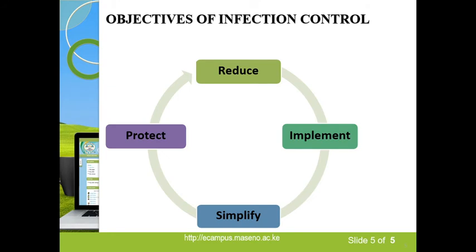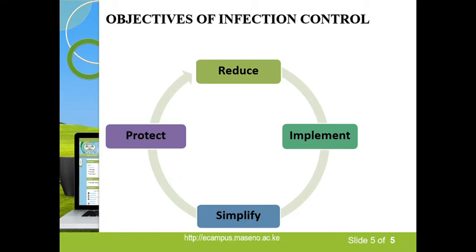Now, we have various objectives why infection control is important. One is to reduce the microorganisms. When the microorganisms are reduced, then the risk of infection is equally reduced. Now, how do we do that? And who does that?